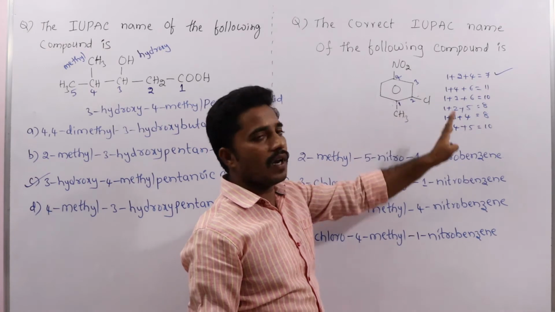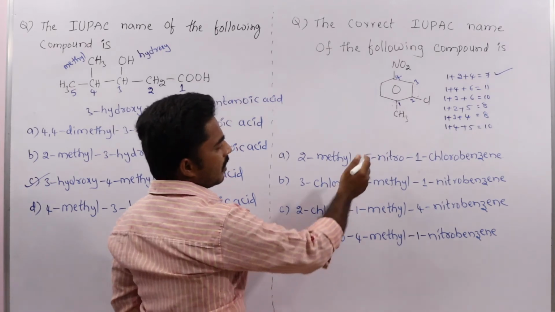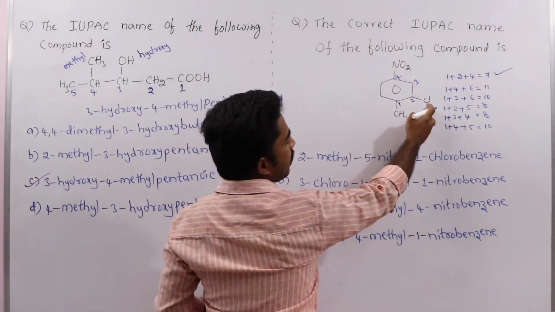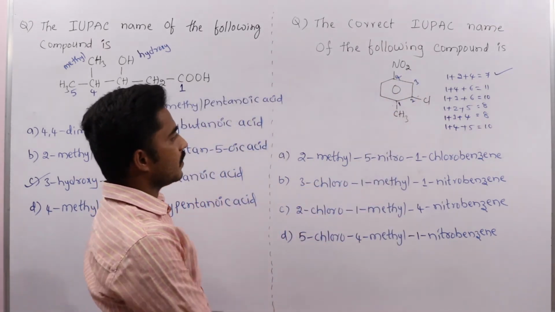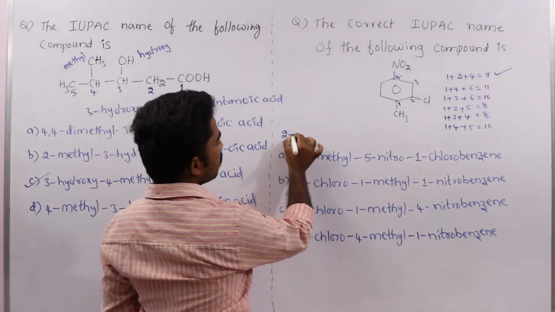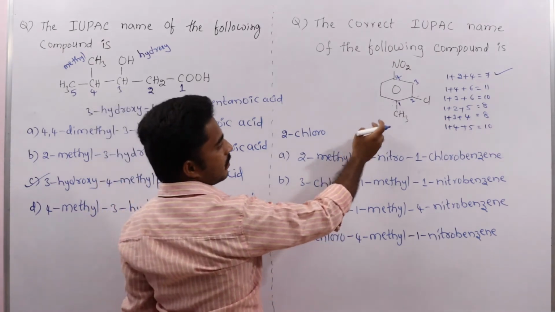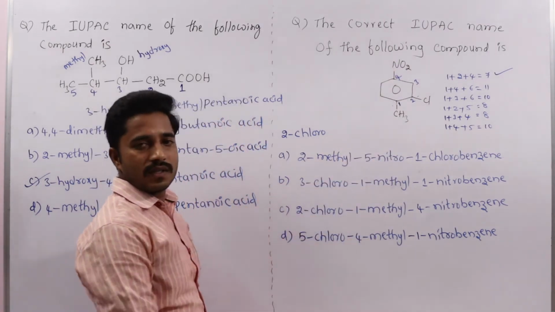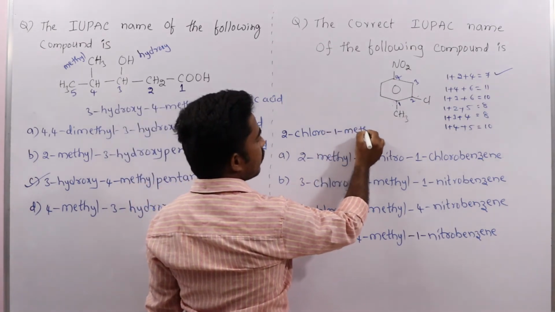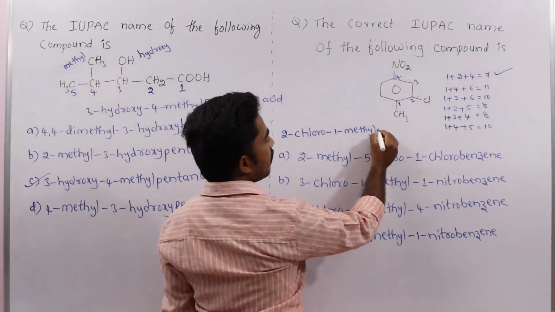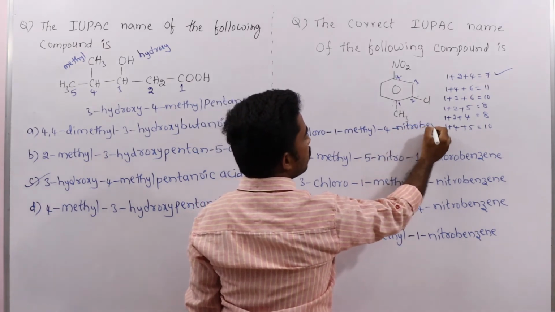Which rule do we have to follow? The lowest sum rule. Now write the name. CH3 is methyl, Cl is chloro, NO2 is nitro, in alphabetical order. At the second position is chloro, which comes first alphabetically, then methyl, then nitro. Chloro comes first, then methyl. So 2-chloro, 1-methyl, and at the fourth position nitro, then benzene.